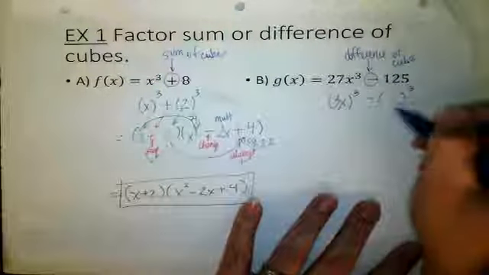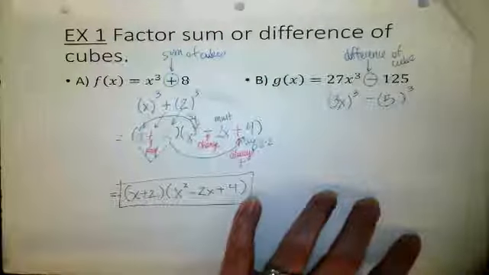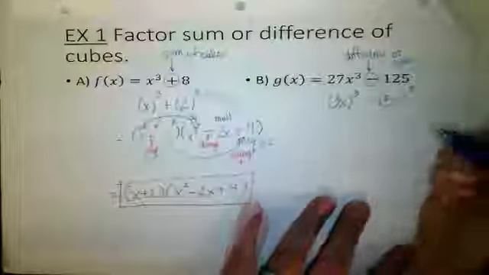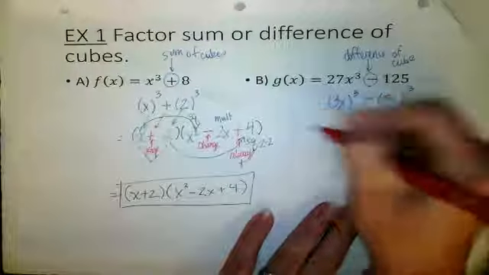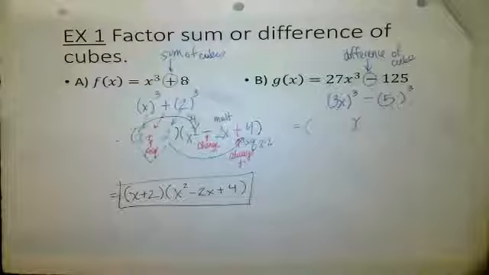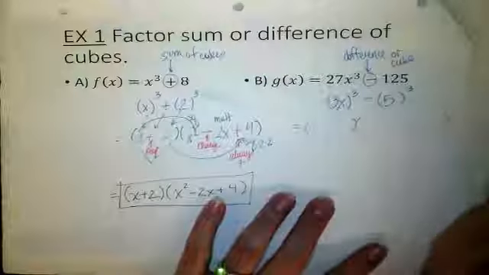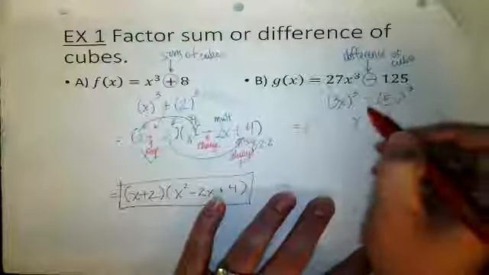And then what cubed gives you 125? 5. Sure. So these are our bases, and now I'm going to go ahead and just set up my bubbles. Small bubble, big bubble. How do the signs go? Keep, change, always positive. So what sign am I keeping? The negative.